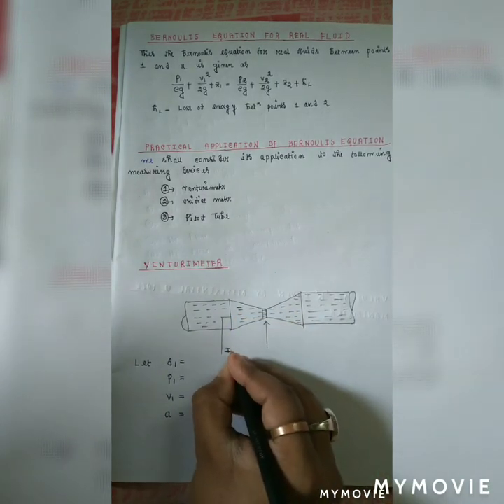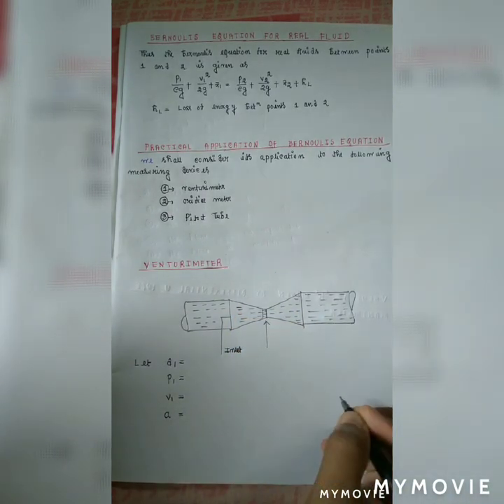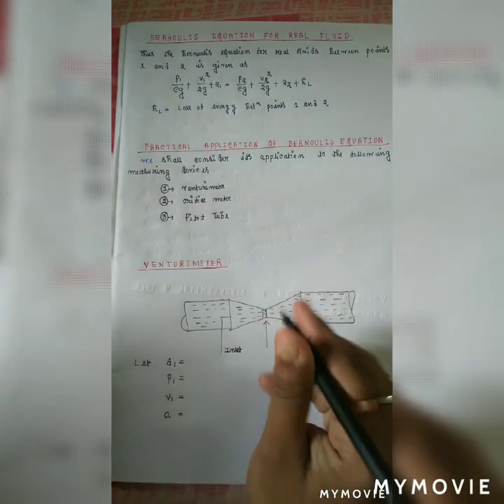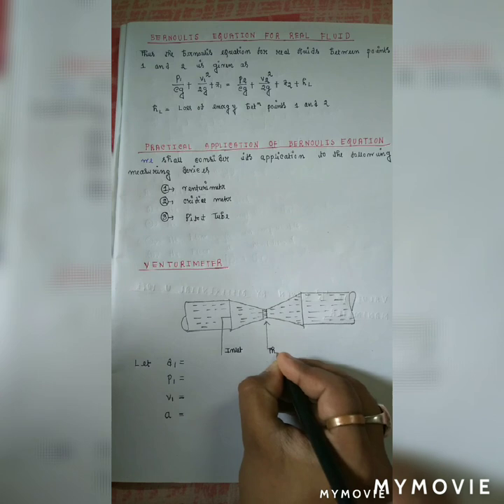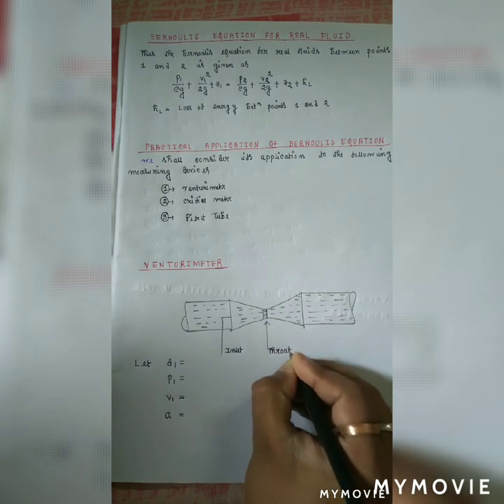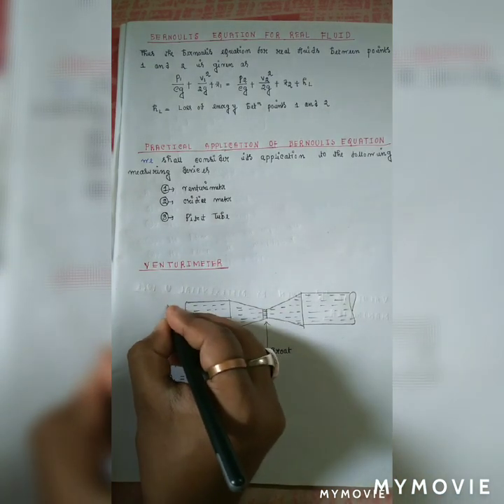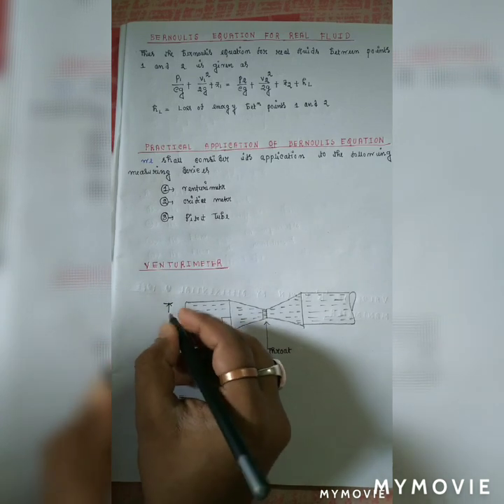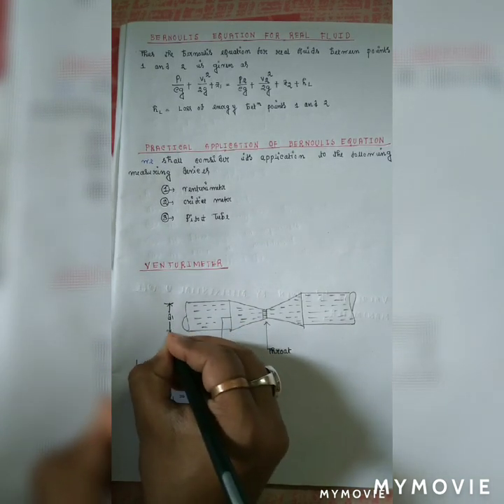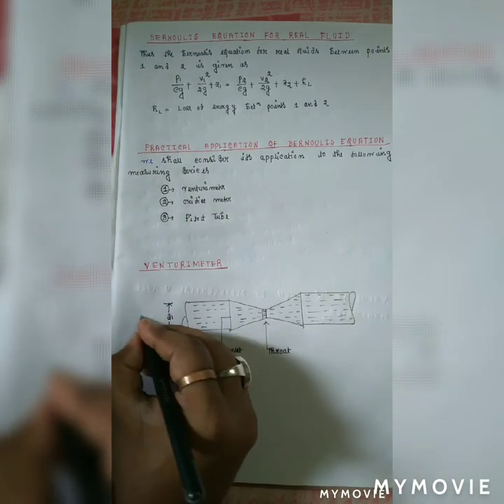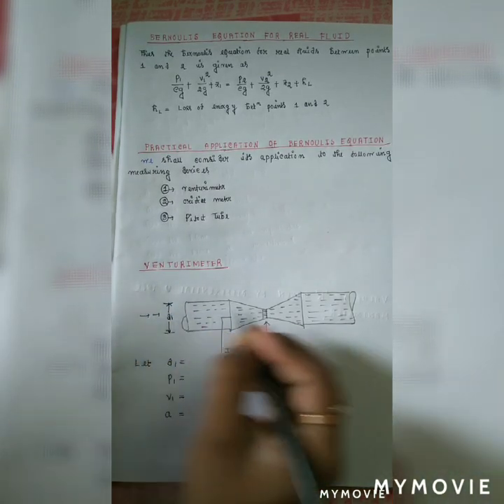You know venturimeter? Venturimeter is a device for measuring the rate of flow of fluid going through a pipe. This is D1, you can see in the picture.